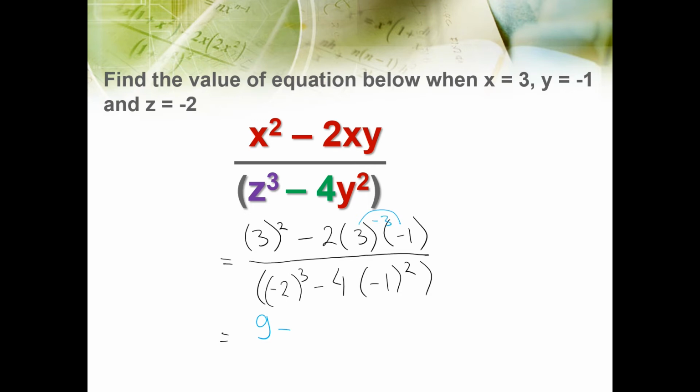Very good. Minus 2 times minus 3, minus multiplied by minus, or negative multiplied by negative, equals a positive number. Very good. So 3 times 2 equals, this is 3, this is 2, yes, 6.